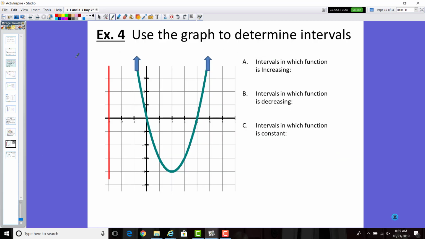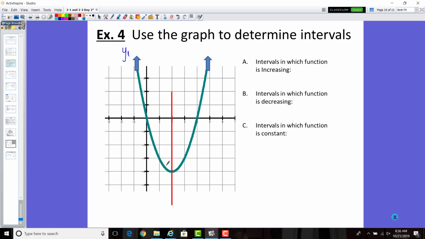So we're going to use this graph. I think we can all agree, that right here is what we call the line of symmetry or the axis of symmetry for a parabola. This is where we have a different interval. Do we all agree that from here, my y values are going down?